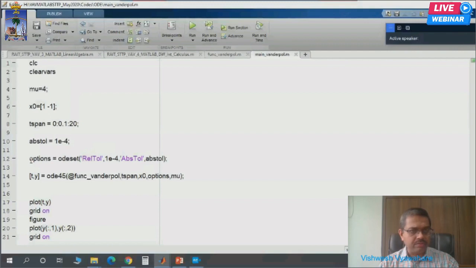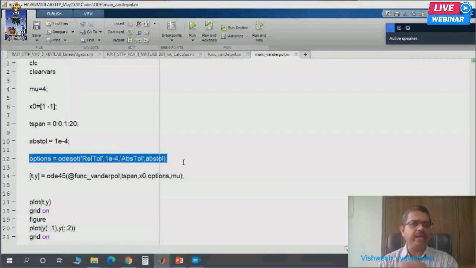Now these are the terms defined in the MATLAB command odeset. You may ask why we need this. We need this because we are not solving the differential equation analytically, we are solving it numerically. So on what basis should my numerical algorithm stop?